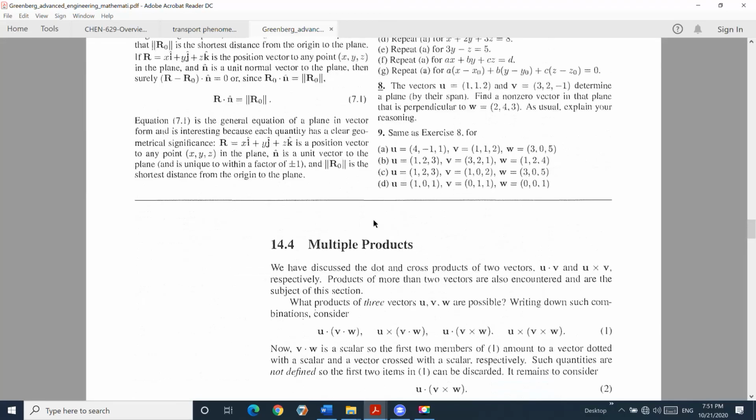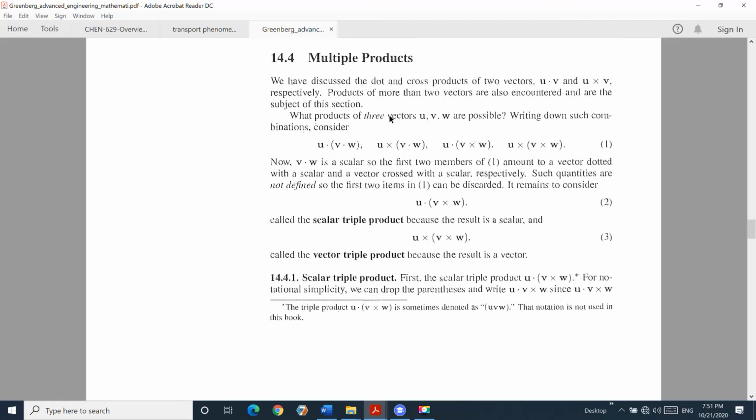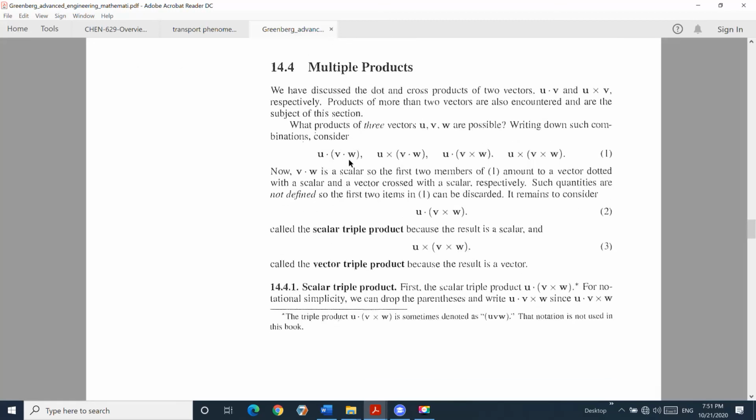Now, another topic is section 14.4, which gives you multiple products. We defined what is dot product and what is cross product, but we can combine these two things together. For example, if you have three vectors, you can obtain the dot product between v and w, and you can get the cross product between u and this dot product result, and so on.